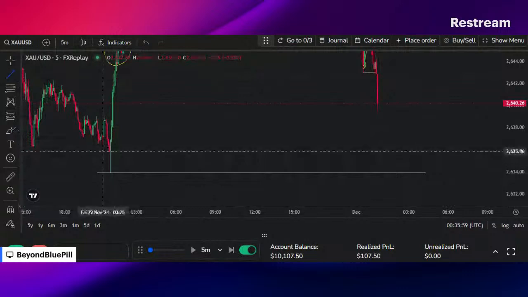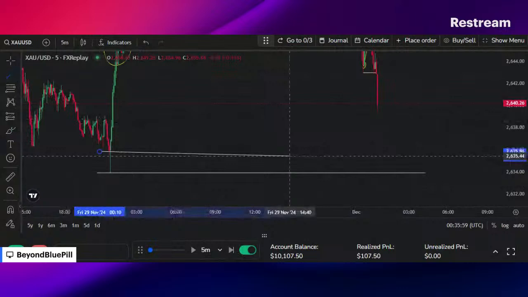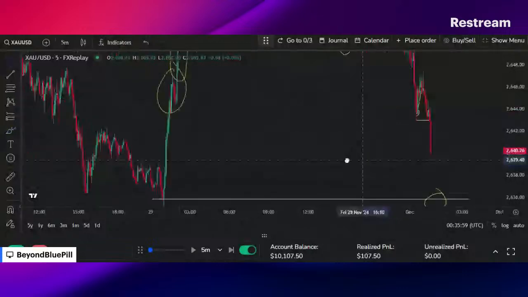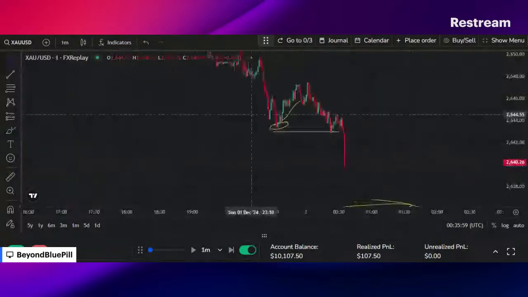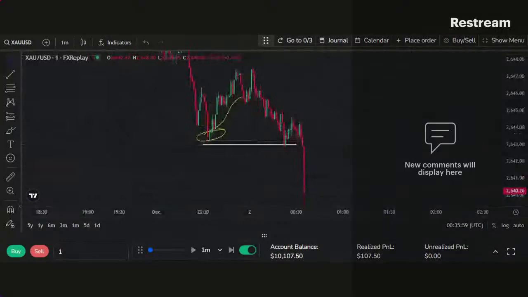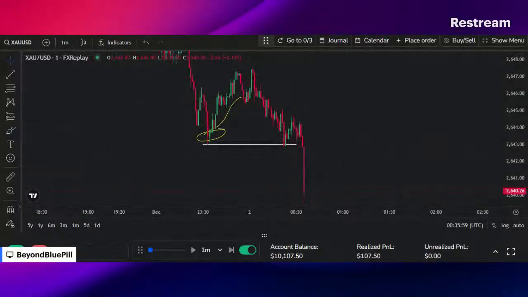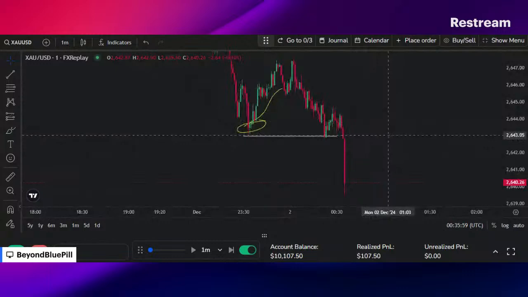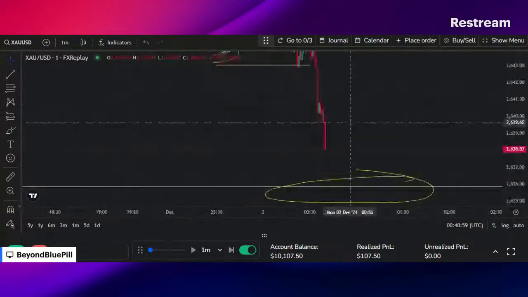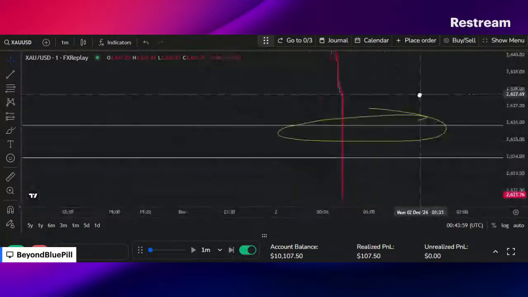The price might be reaching here. I'm no longer looking for shorts after this. Let's see. Look at that.